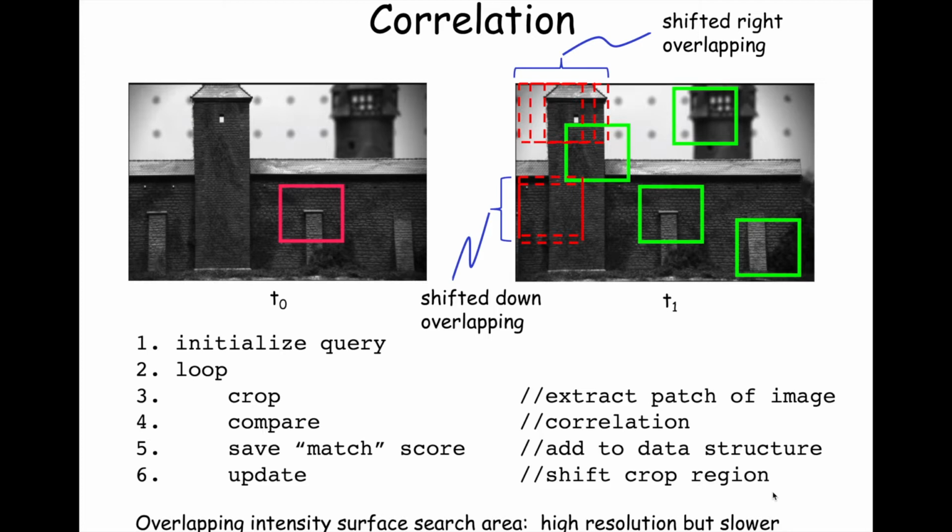But the problem is you have a lot of pixel locations that you can position the search window in, and that's going to result in taking a very long time to do this search. Okay, so there's a trade-off, and which is right? Well, it depends on your application. At one extreme, you have fast search, but very low granularity. On the other extreme, you have high granularity, high resolution in your search, but your execution time takes a lot longer. Okay, all right. Any questions about this?